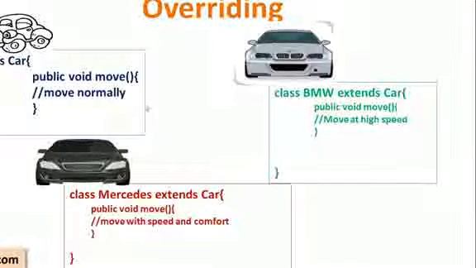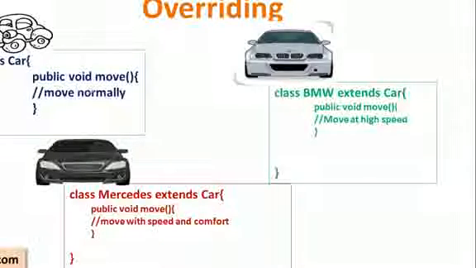That means the JVM first looks into this class. Does it have an implementation? If yes, it will execute this one. If not, it will immediately look at the superclass and find that this has this method, and it will execute the move method.